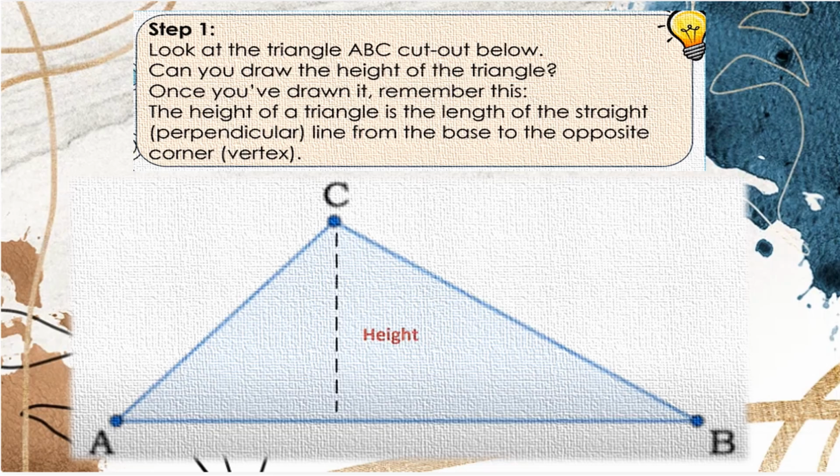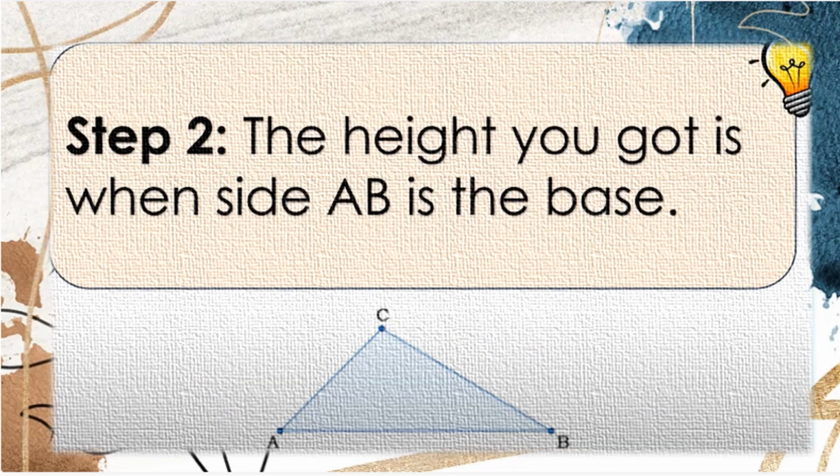Okay, so the height starts from the base AB to the opposite corner, which is the vertex C. So from the base to the vertex, that is the height of a triangle. The height you got is when AB is the base. Yes, if AB is the base, that is the height that we got.